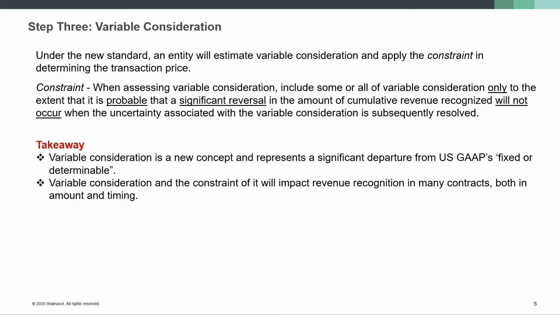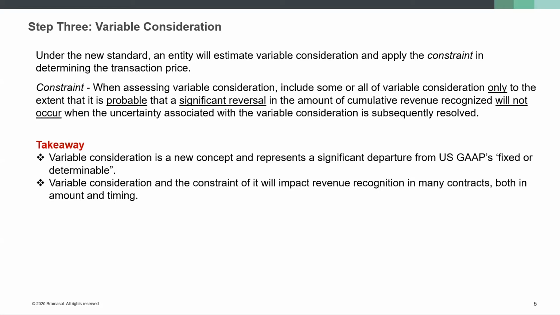So if I estimate something, and then I say, well, I do not have enough information to correctly estimate, and this will result in probability of a significant reversal in the amount of revenue I've already recognized, then under the guidance, I'm allowed to constrain that estimate to 0.